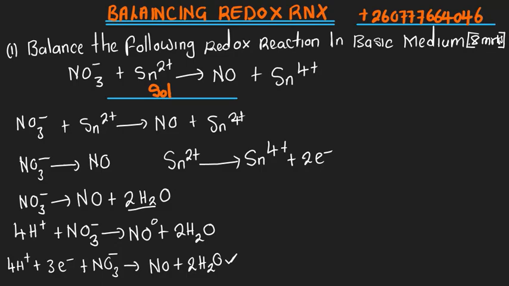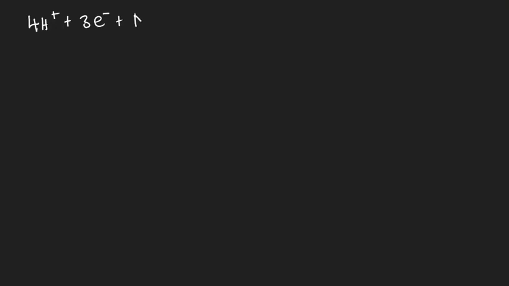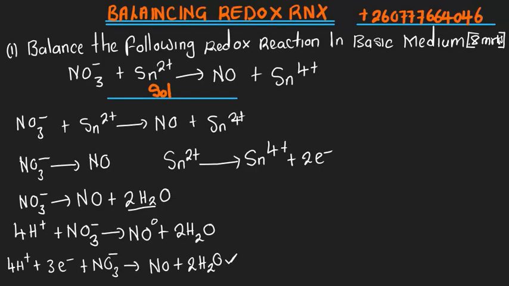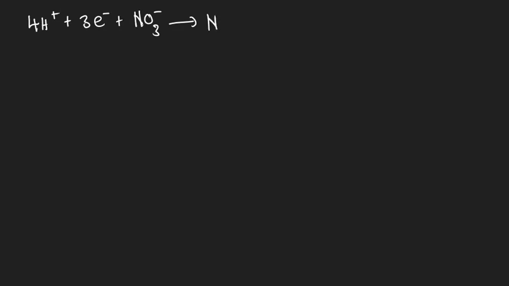So we're going to have our 4 H plus, plus our 3 negatively charged electrons plus this nitrate. What are we producing? We are producing a nitrogen monoxide plus 2H2O.